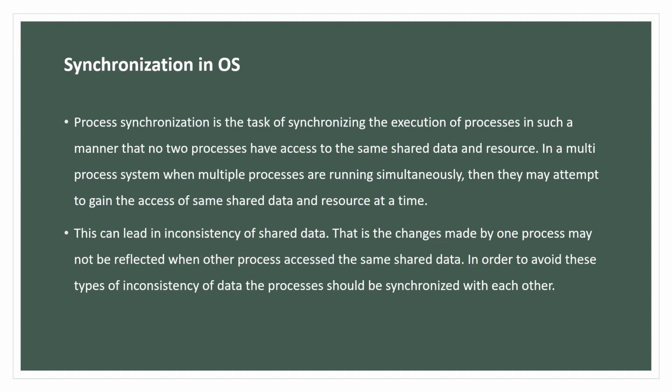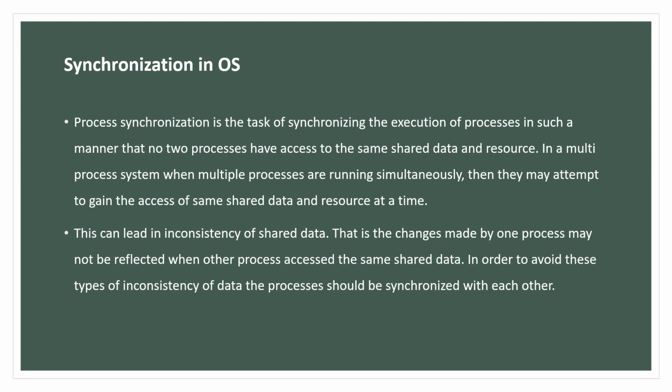In a multi-process system, when multiple processes are running simultaneously, they may attempt to gain access to the same shared data and resources at a time. This can lead to inconsistency of shared data.